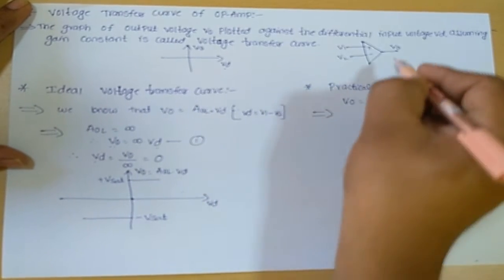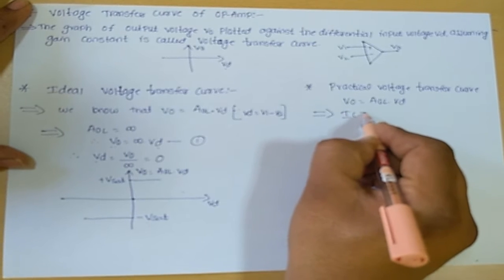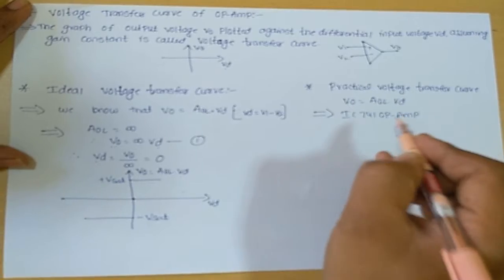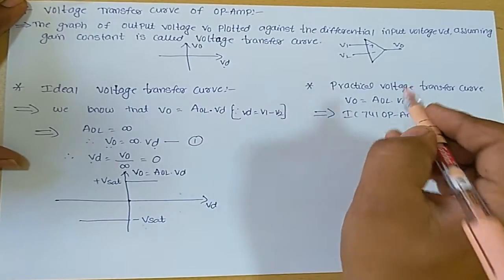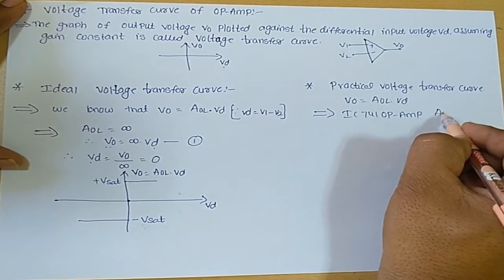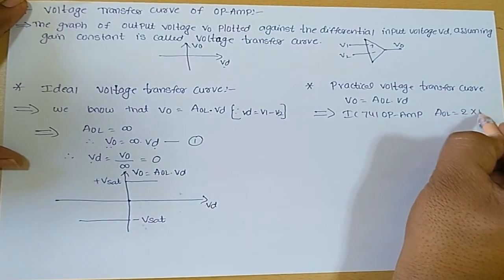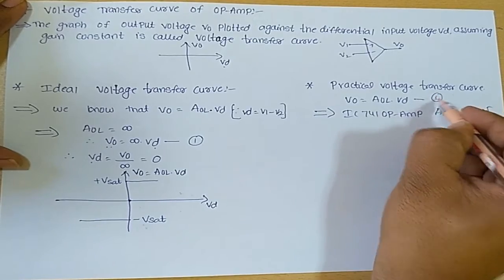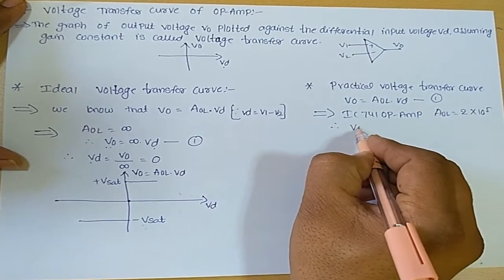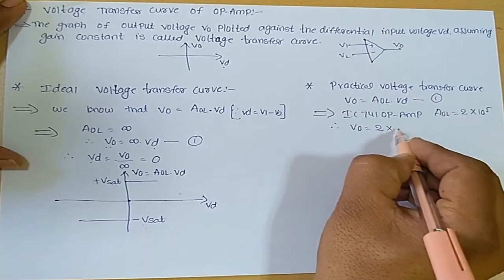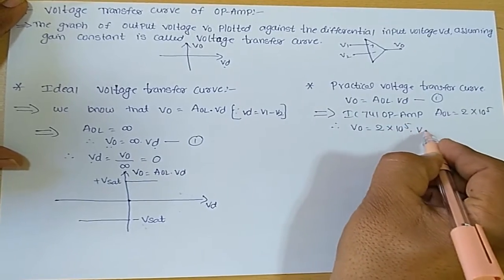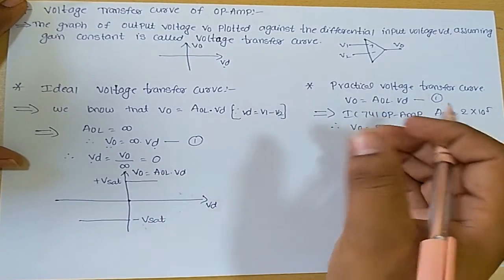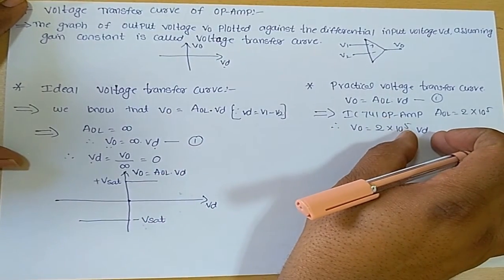Here we assume this is the IC 741 operational amplifier. The IC741 operational amplifier open loop gain AOL equals 2 into 10 power of 5. So we substitute this value in equation number 1. Therefore, the output voltage V0 equals 2 into 10 power of 5 into Vd. Clear? With respect to this equation, we need to determine the range of this differential voltage.